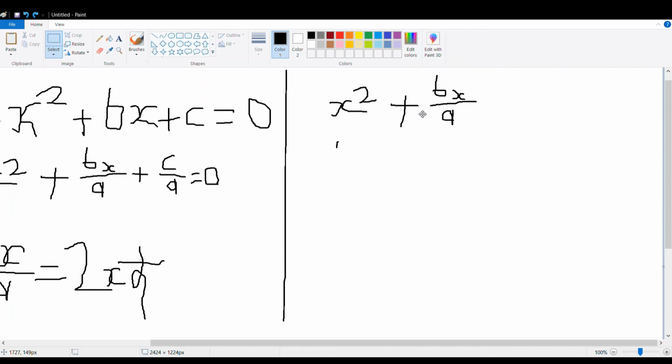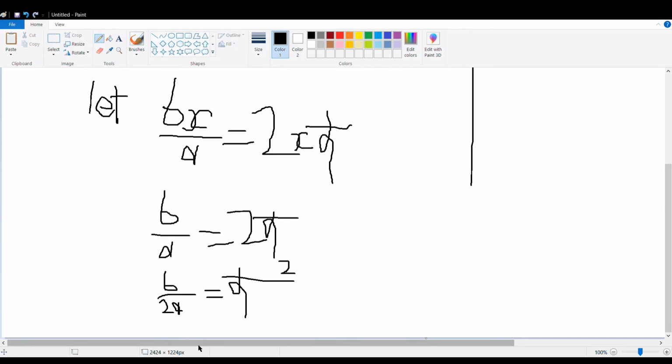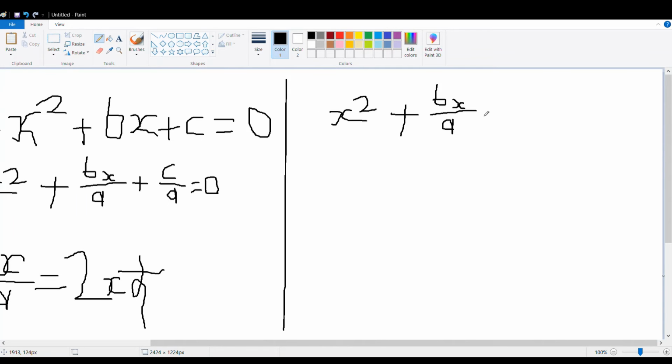Alright, so here we are. We have x squared plus bx on a, but we know su squared, which is the final part of our square that we need, is equal to b on 2a. So we can say plus b on 2a, all squared.